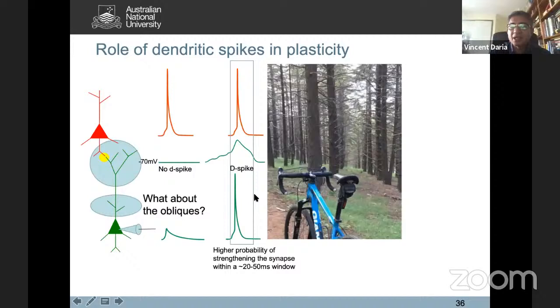And in fact, if you look at a typical tree in the forest, for example, like this one here, which I took a couple of days ago, this is just the apical trunk of a pine tree. The oblique dendrites are actually known to be old dendrites that are outgrown because there's no more sun here, so they receive no inputs, so there are no leaves.